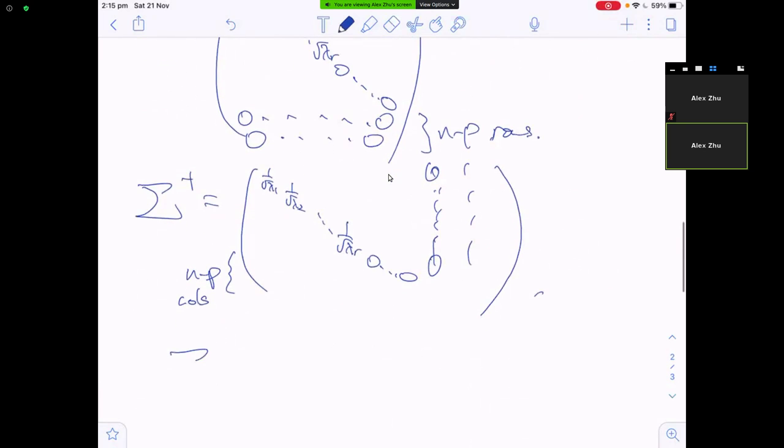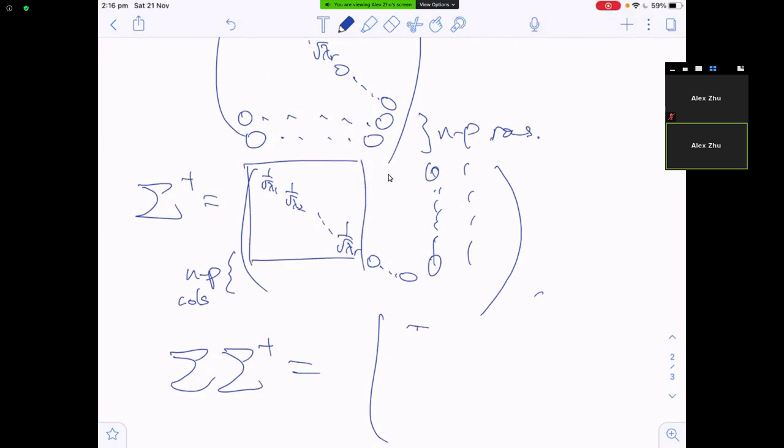So when you multiply these two things together, you get an R by R identity matrix and 0 everywhere else.